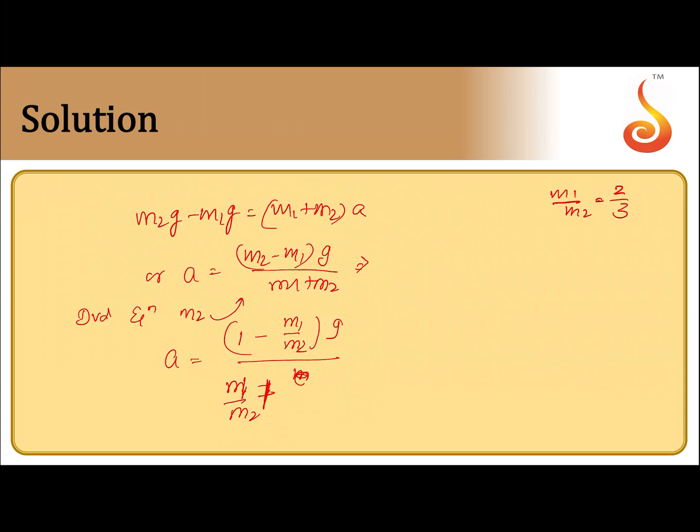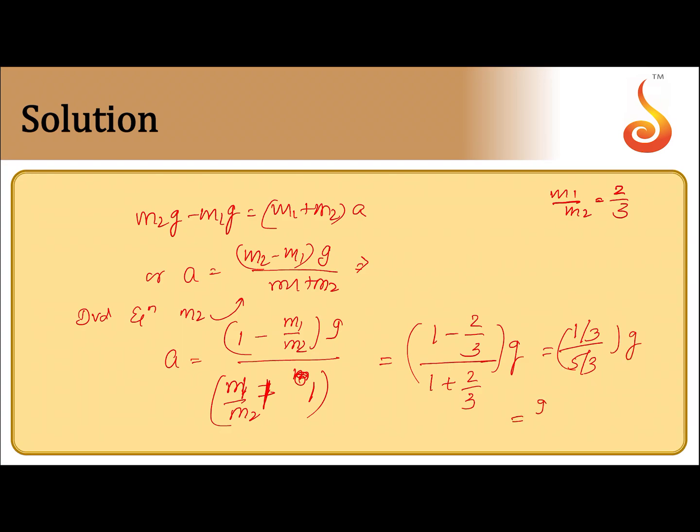That is 1 minus 2/3 whole divided by 1 plus 2/3 into g. So what is that? 3 minus 2, 1, and in the denominator we have 5/3 g, or this is equal to g divided by 5.